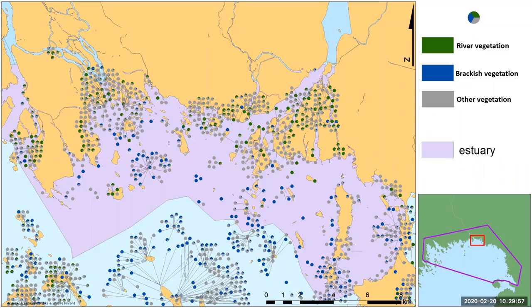The green dots are river vegetation and the blue dots are brackish water vegetation. And the pink area is the official river estuary Natura 2000 habitat in Finland. So if we look at the results, according to this analysis, the river estuary is, well, the plants think that it's slightly smaller than what we are reporting to the EU right now.